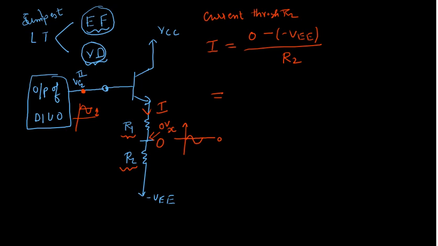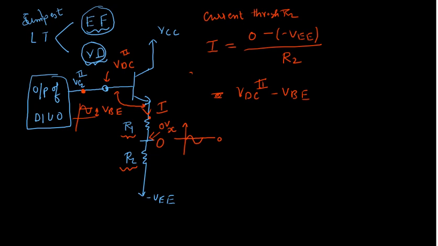And if the DC level at this point is VDC of the second stage, then VDC of the second stage minus VBE should be the voltage here.